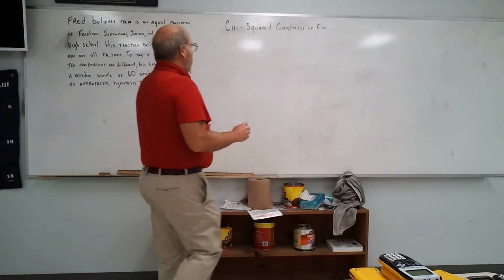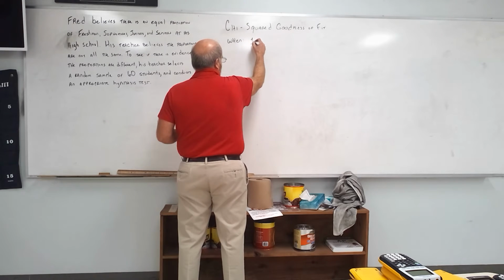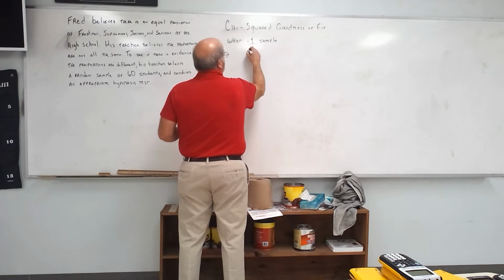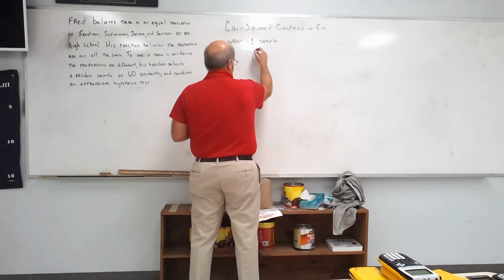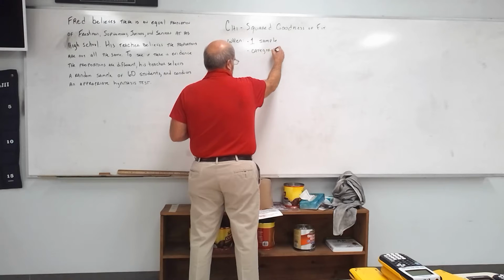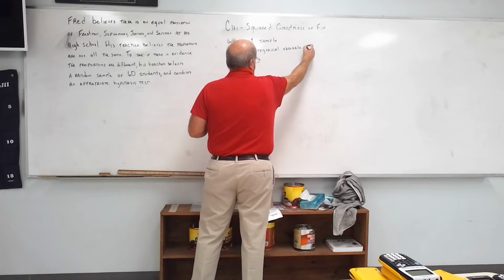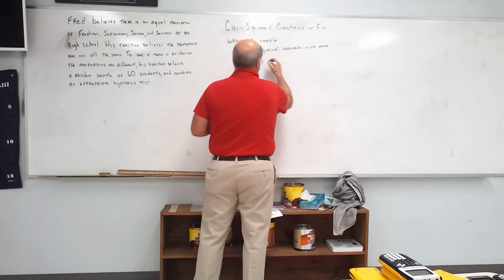So we're going to talk about when we use a chi-square goodness of fit test. When we have one sample and our variable of interest is a categorical variable with more than two categories.